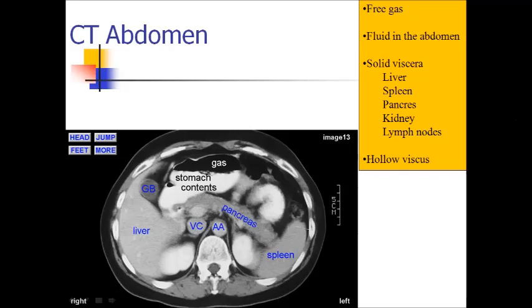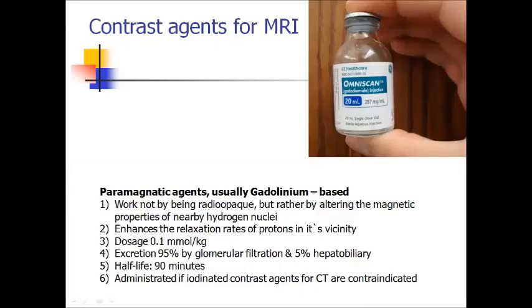Look at the picture and ensure that it's really so. All organs, blood vessels, abdominal aorta, vena cava, gallbladder and stomach as hollow organs, parenchymal organs such as liver, pancreas, spleen, everything is detectable. Everything is very well seen.